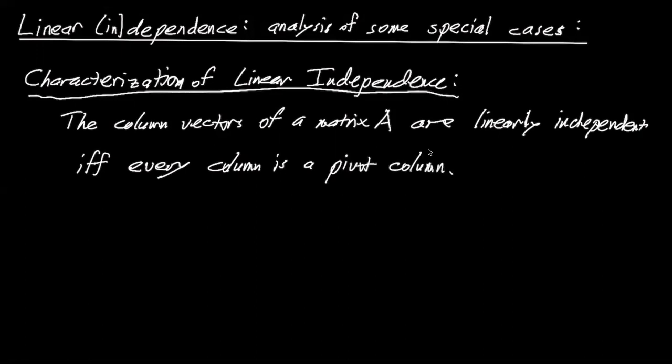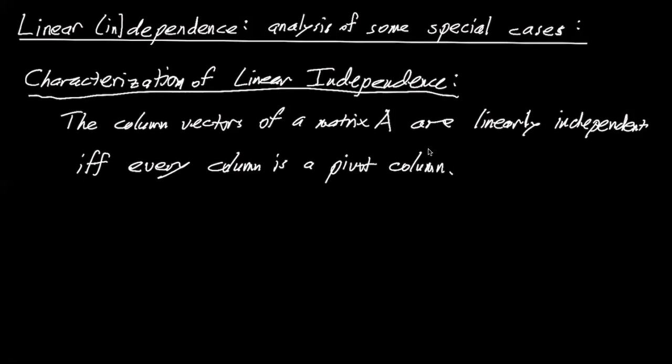There's this formal definition, but it basically comes down to having no non-trivial solutions of the homogeneous system AX equals 0. Having only the trivial solution means that you have no free variables. Every column is a pivot column. So that's the idea.